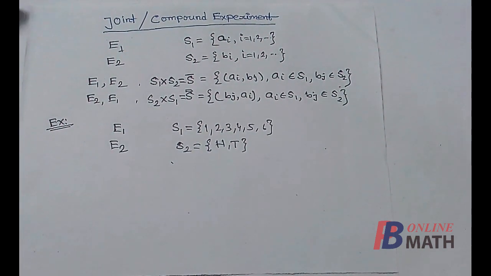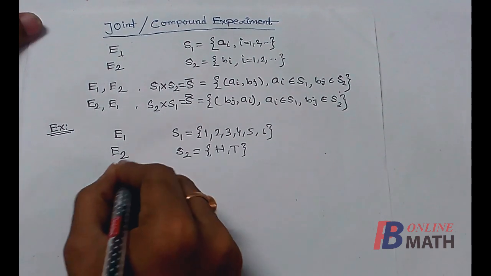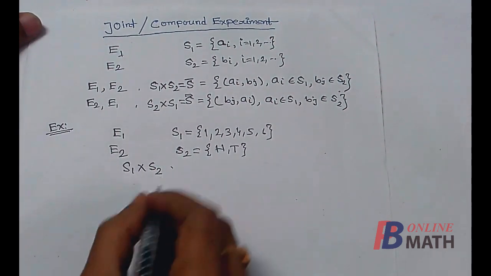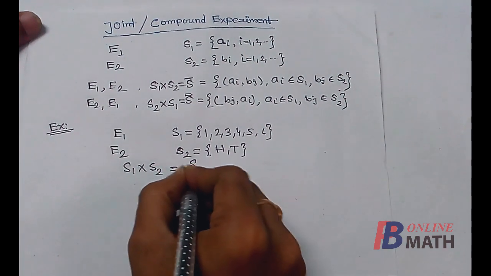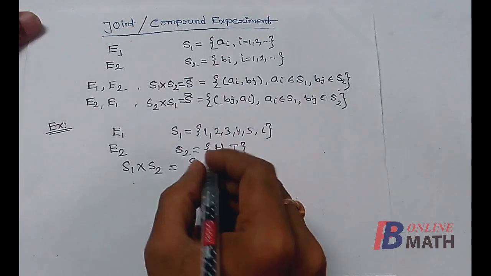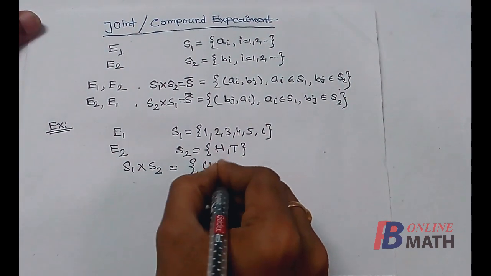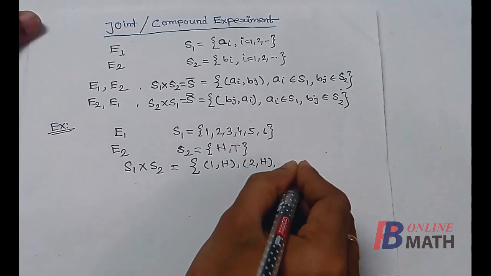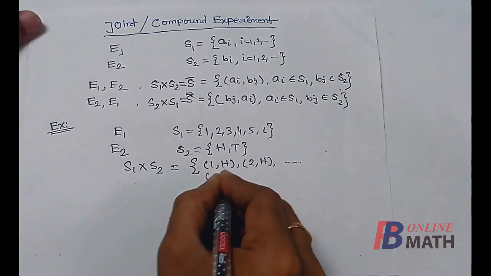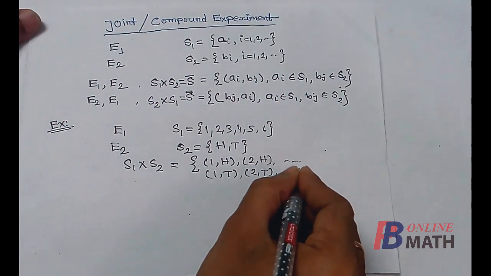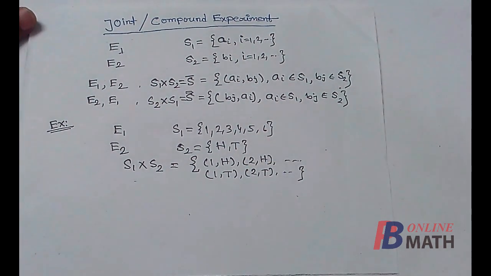Now if we consider the joint experiment of performing the random experiment E1 first and then E2, the sample space corresponding to this joint experiment is denoted by S1 cross S2, and we know that the sample space will be of the form of ordered pairs, and it should be (1, H), (2, H), etc., (1, T), (2, T). So there will be 12 outcomes.